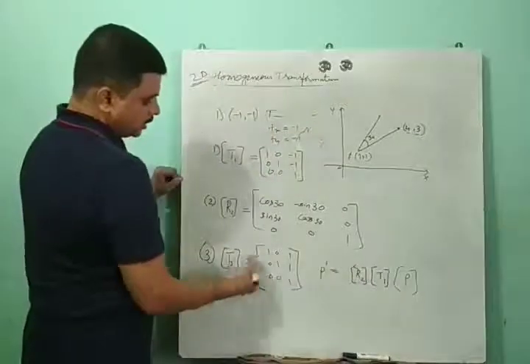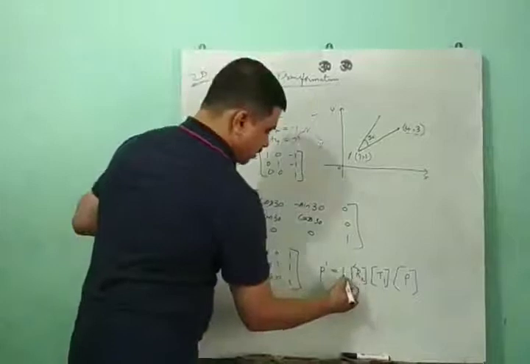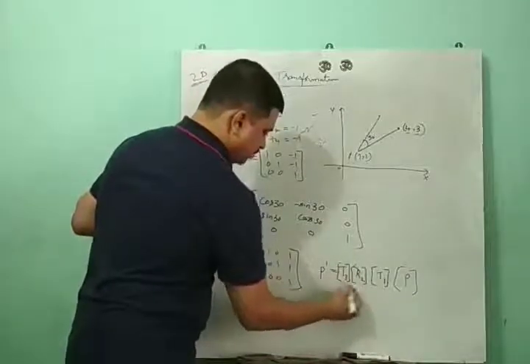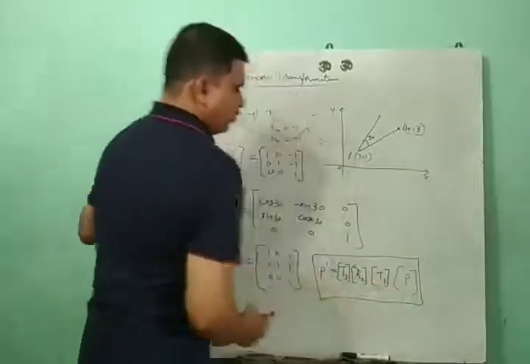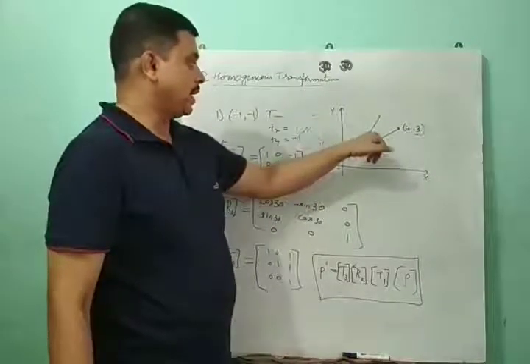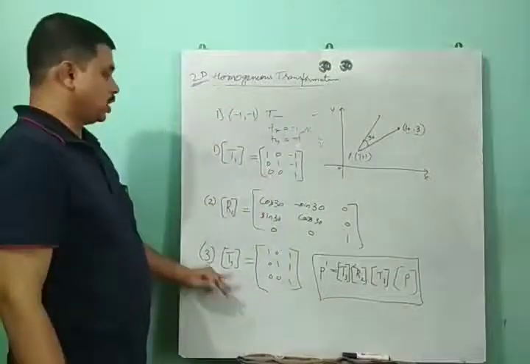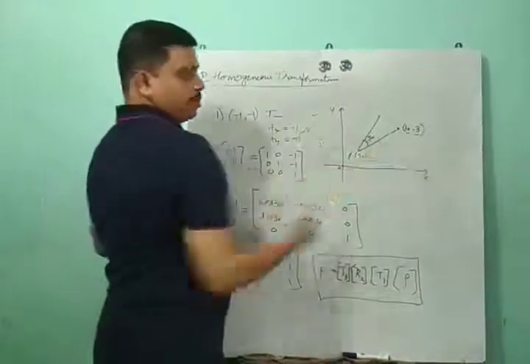Then the third, the translation by (1, 1). That is again a translation matrix, T3 in homogeneous form. So this gives you the final answer when you rotate a point about an arbitrary point by an angle of 30 degrees. So this is the procedure to solve these kinds of multiple operations on a single point.